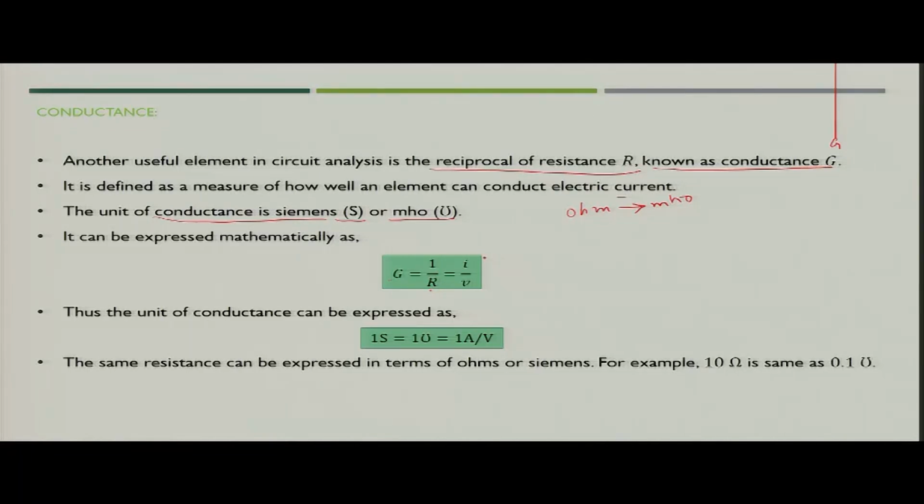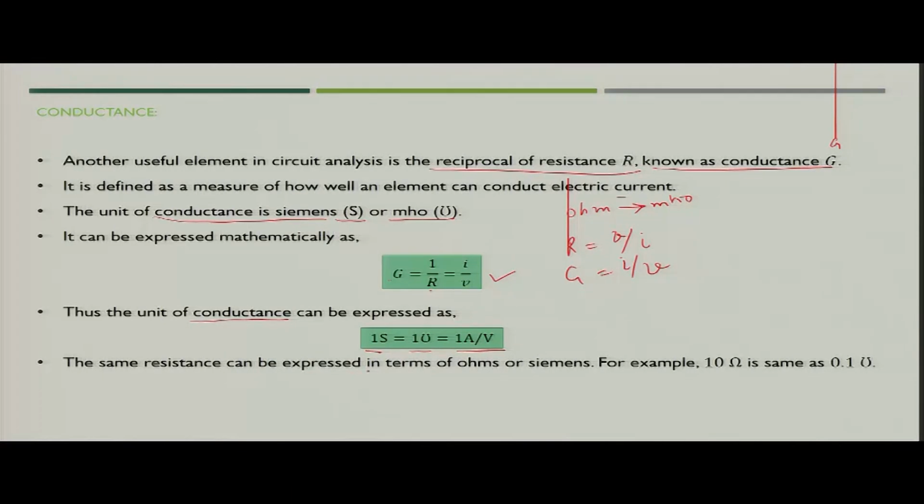So, since R is nothing but V by I, G will become I by V. So, that is why G is represented as the opposite of resistance R. So, the conductance can now be expressed as 1 Siemens or 1 mho is nothing but 1 ampere per volt.